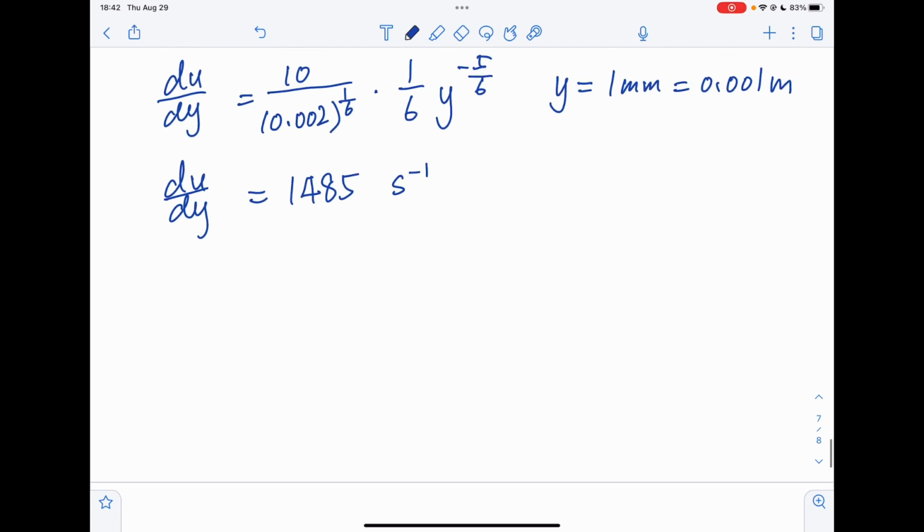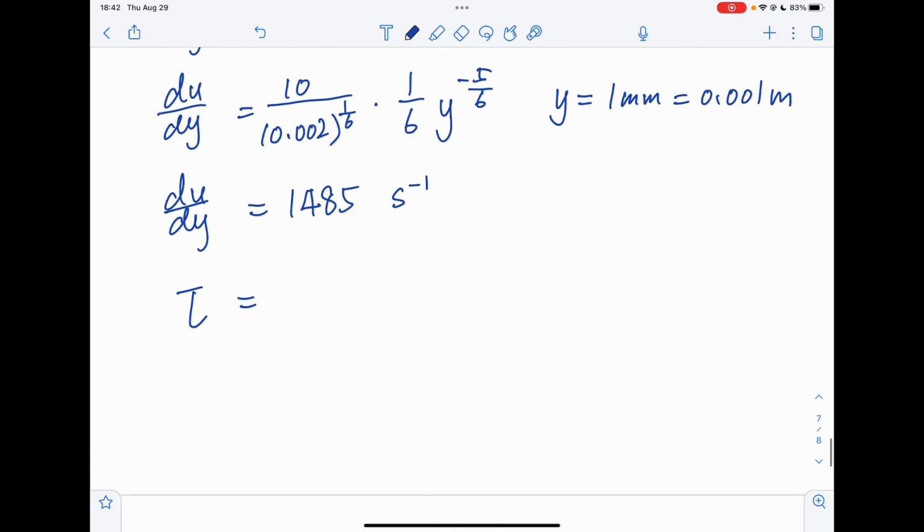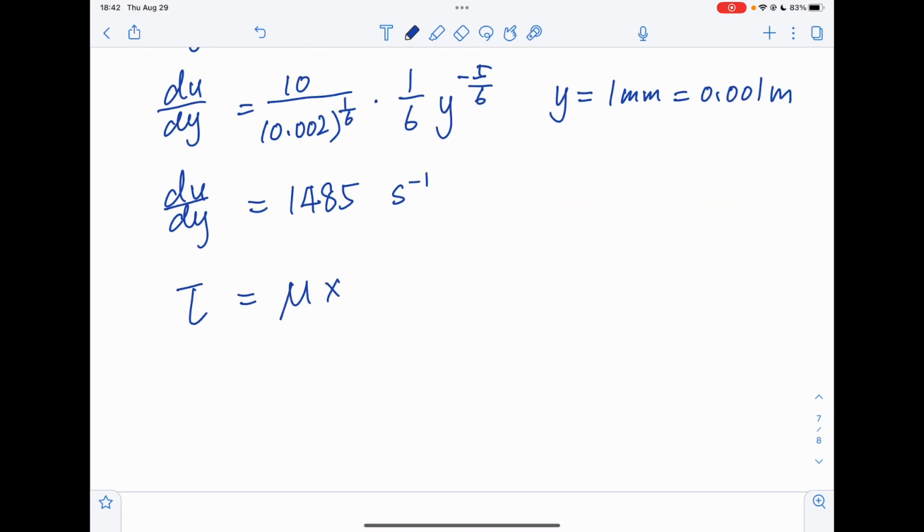Okay, now we can calculate the shear stress, which equals mu times du over dy. You can find your mu from table A5, which is going to be 1 times 10 to the negative 3 newton second per meter squared, times 1485 second to the power of negative 1.